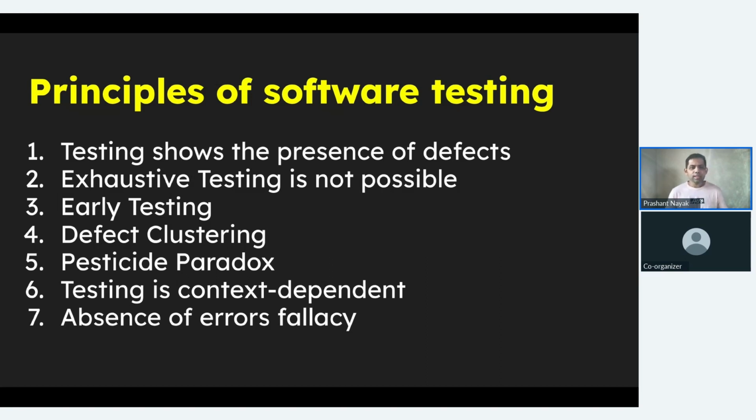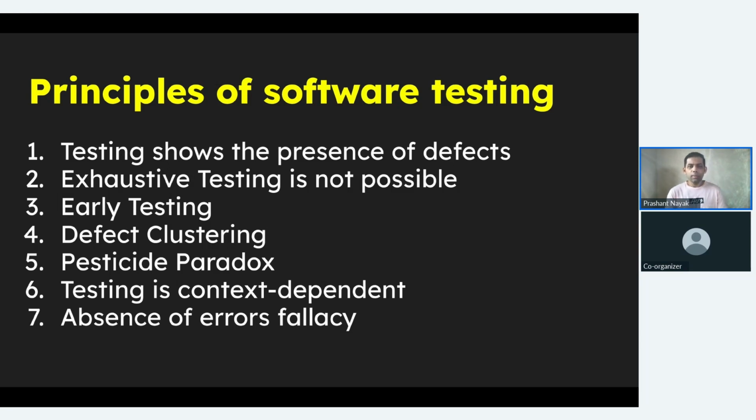Principle one says that testing shows the presence of defects. When we do software testing, it does not show us the absence of defects, but it will definitely show us the presence of defects. When we compare the application with the requirement, if there is any deviation, it will show us that.